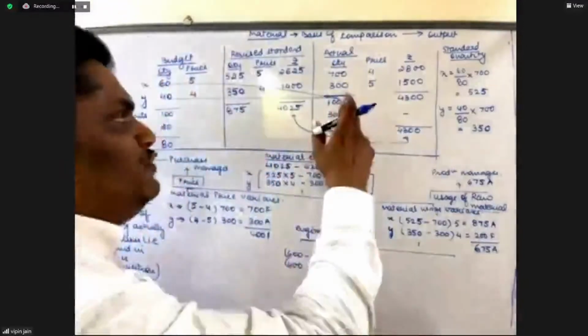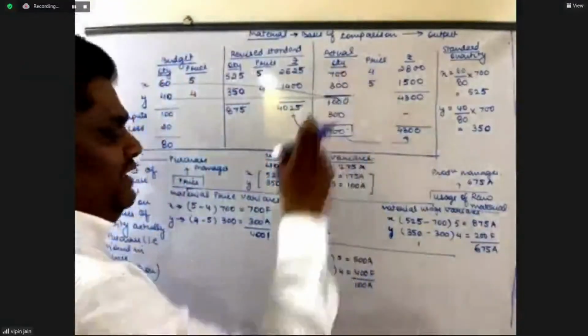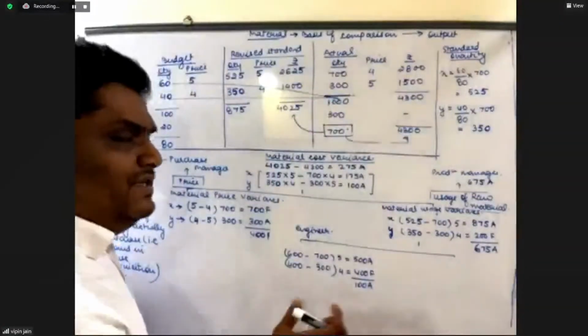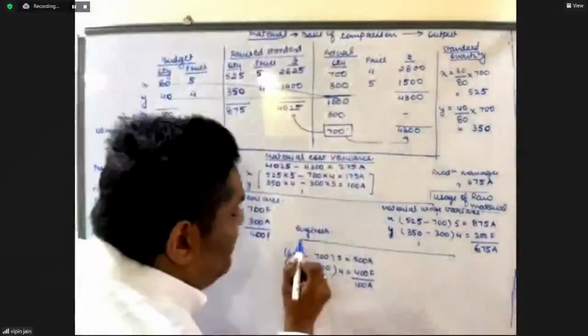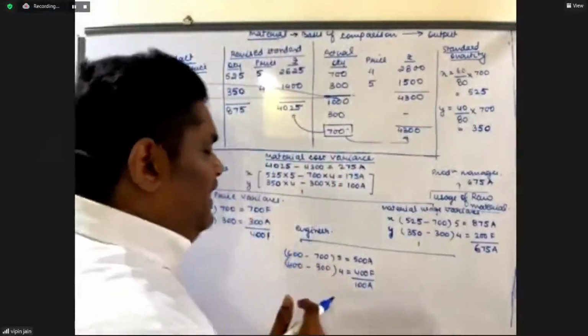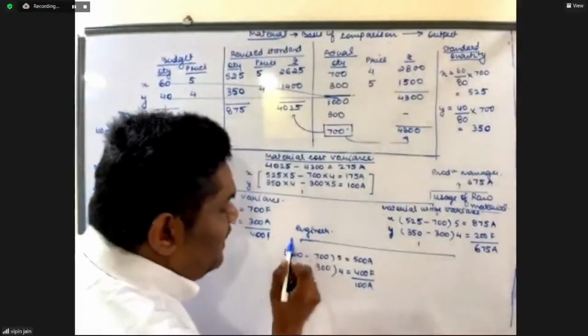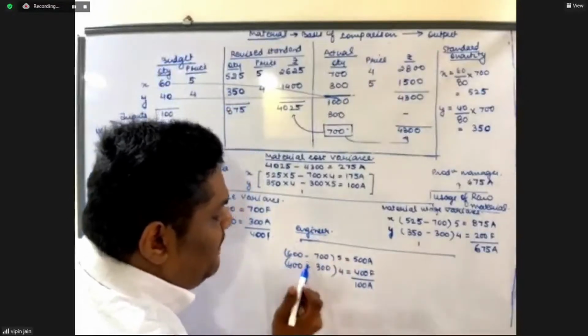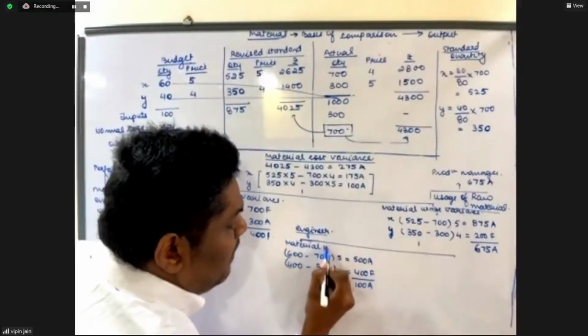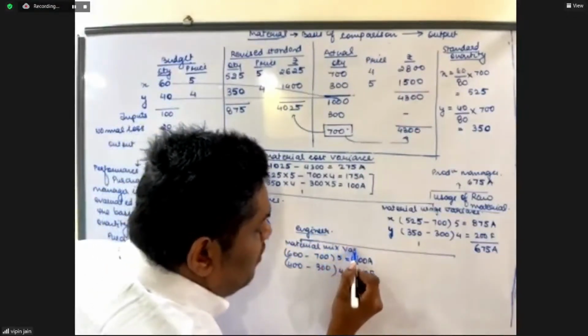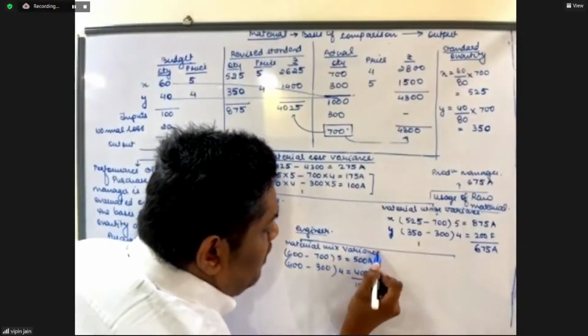But my actual mix was 700:300. So due to change in mix, there is a loss to the company, that is 100 adverse. So when talking about the work done by the engineer, we talk about the mix. So we call it material mix variance.